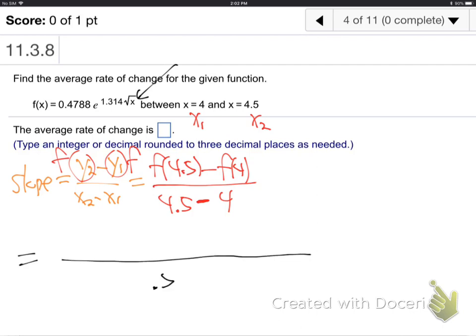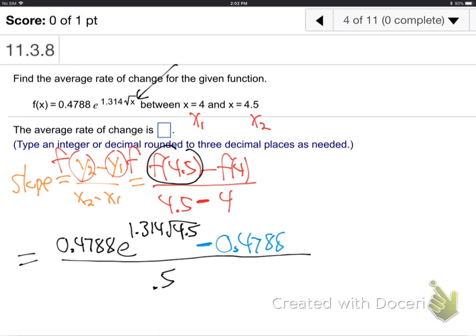So the bottom is 0.5. The top, f of 4.5, is 0.4788 e to the 1.314 square root of 4.5, minus 0.4788 e to the power 1.314 square root of 4.